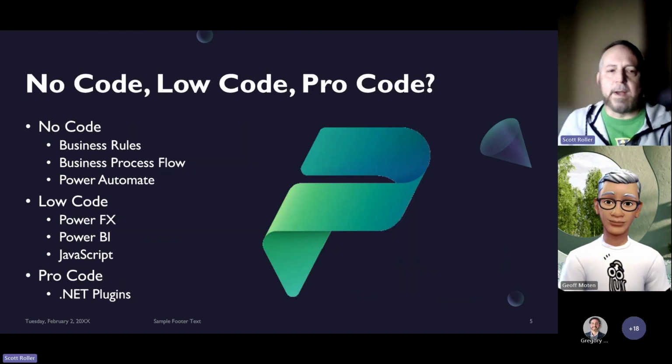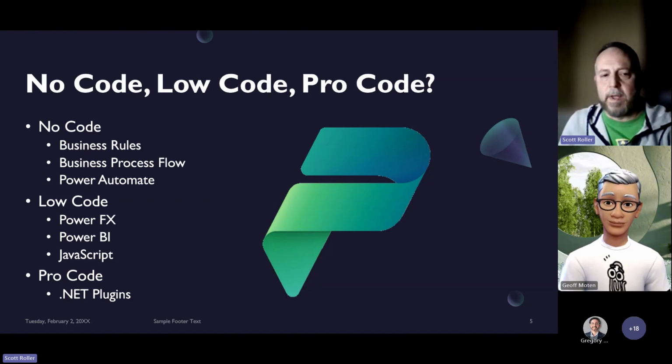All right, so let's talk about no code, low code, pro code. On the no code side, we're talking about things like business rules, business process flow, and Power Automate, which is part of the Power Platform, just like Power Apps is. Let me back up and describe those a little bit better.